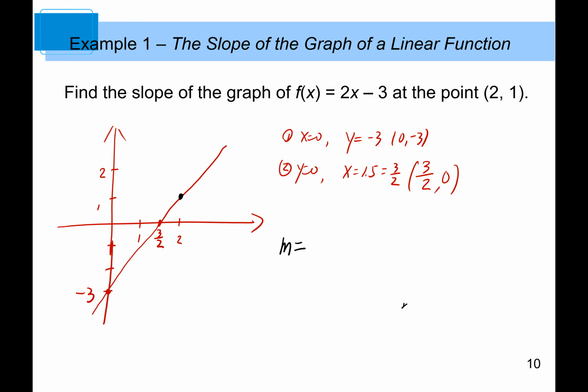slope equals the slope of the tangent line, which equals the limit as delta x approaches 0 of f of c plus delta x minus f of c over delta x. In this case, c equals 2.